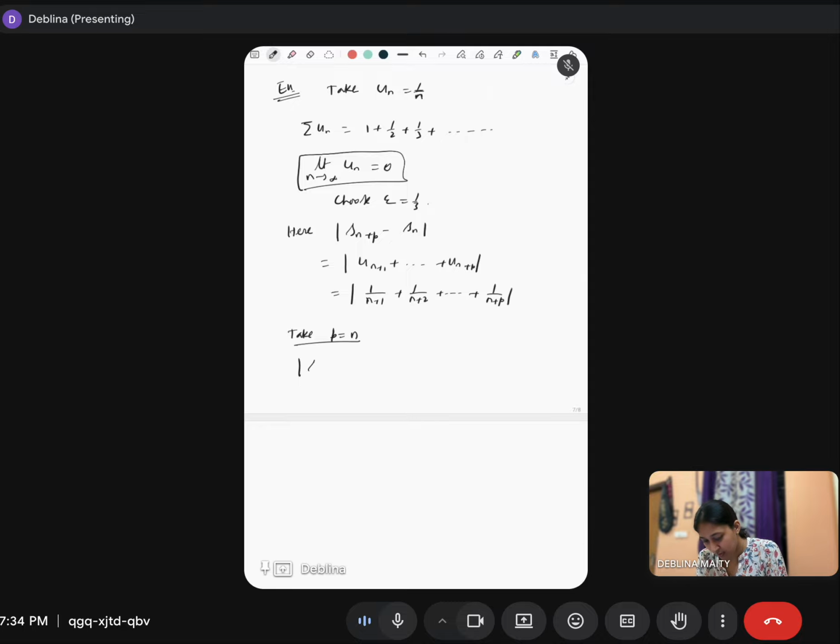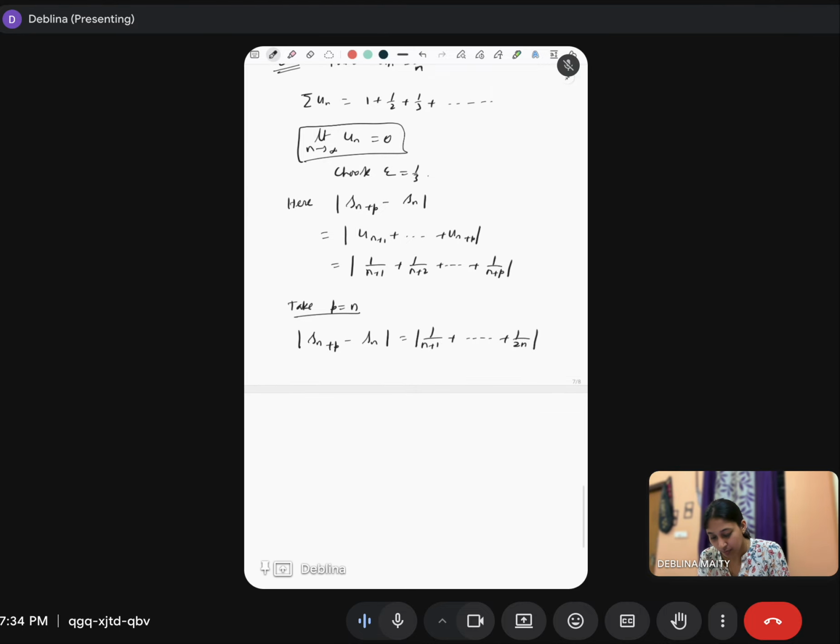So then mod of S_{n+p} minus S_n, this is actually S_{2n} minus S_n, is the sum of 1 by n plus k. Now n plus k is less than n plus n when k is less than n. So n plus k is less than 2n, which means 1 by n plus k is greater than 1 by 2n when k is less than n.